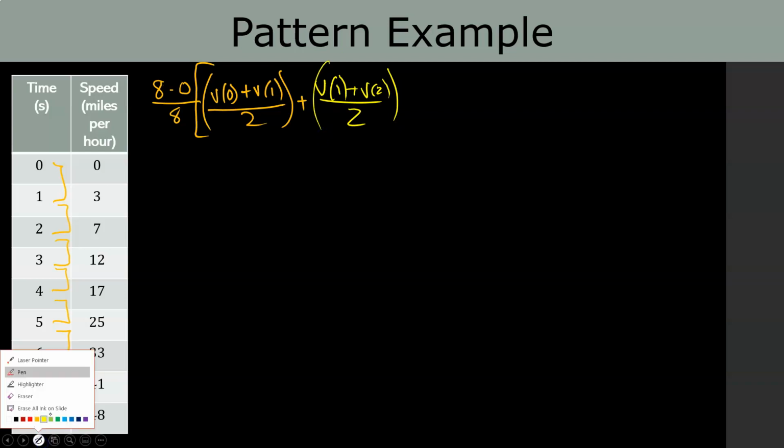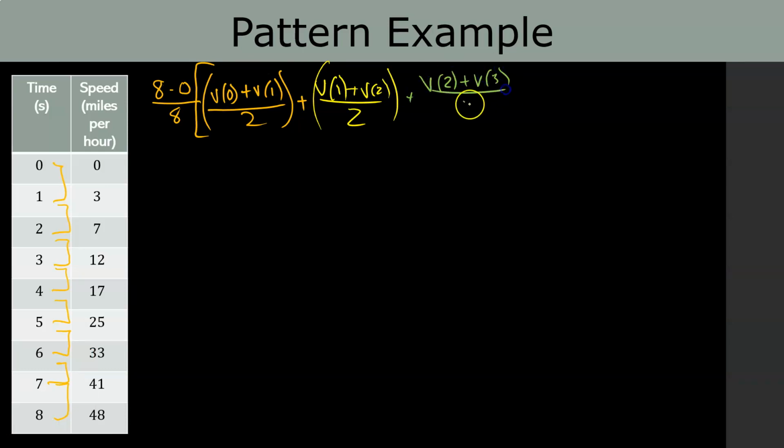And then where are we going? Let's write them all out. Plus the velocity at 2 plus the velocity at 3 averaged. And maybe I'll write one more. This is ridiculous for you to watch me write. And then maybe we should write the last two.